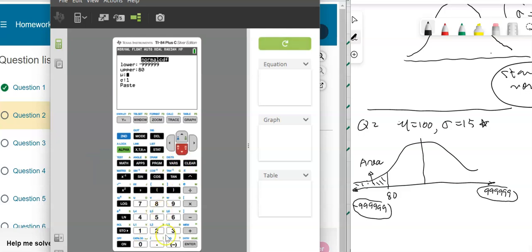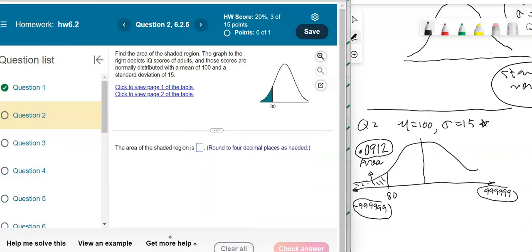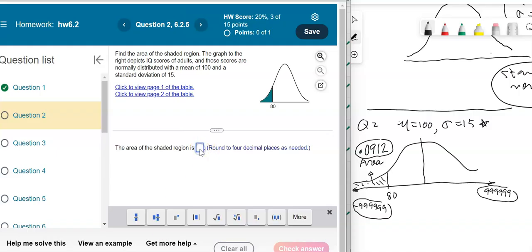Mu is 100, it's no longer standard normal, and sigma is 15. When you shade, we click one more time, so this area is 0.0912. They want you to write 4 decimals, so that is 4 decimals: 0.0912.